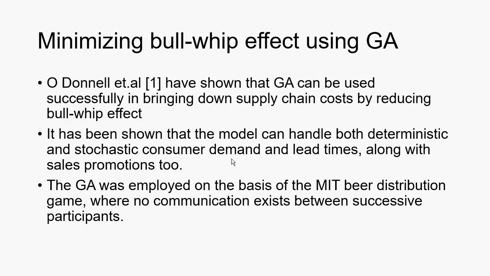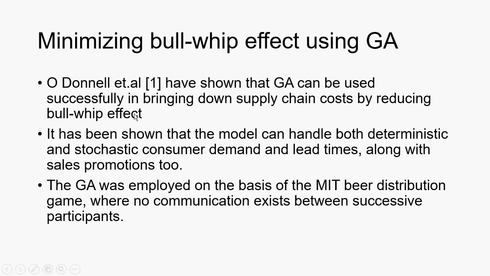Now, one application is minimizing the bullwhip effect. The bullwhip effect is a major phenomenon that has been seen in supply chains, which happens because of the lack of communication between the stakeholders, where different stakeholders order in larger quantities, which leads to stockouts and a loss in the supply chain.